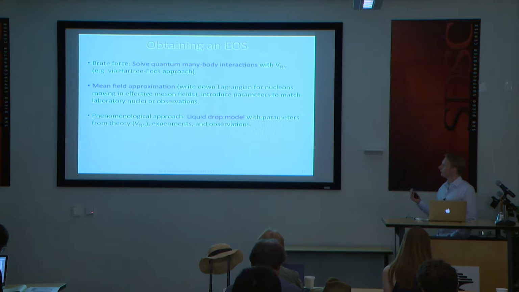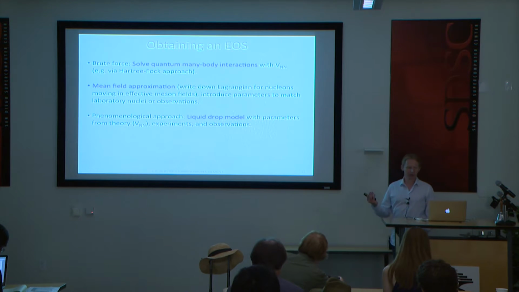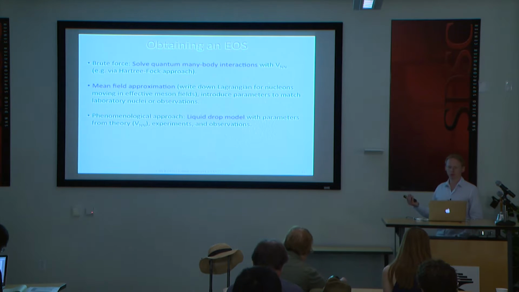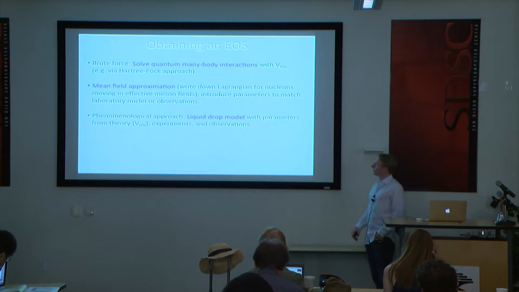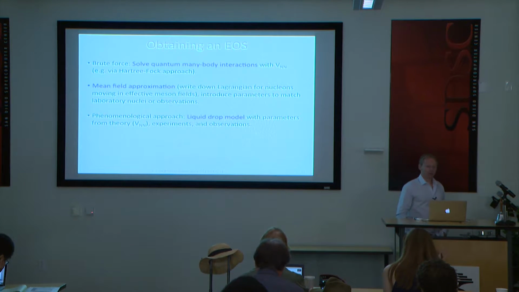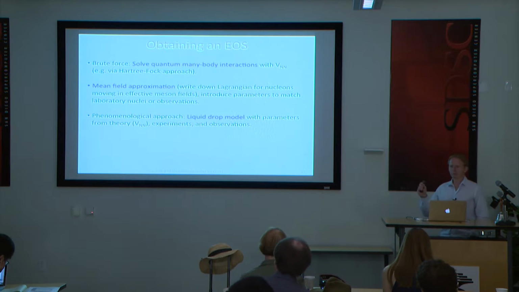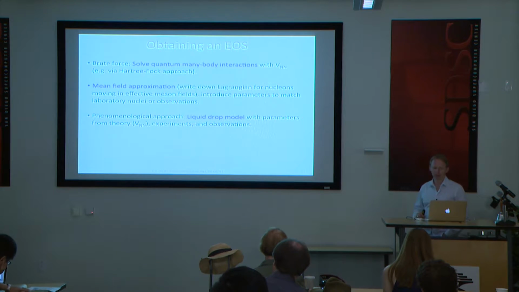That will have some free parameters that you need to fix to reproduce laboratory results and perhaps neutron star observations. Or you can go yet a step more phenomenological. You use what was called the liquid drop model, and you just put in scale factors and parameters to match observations and experiments.